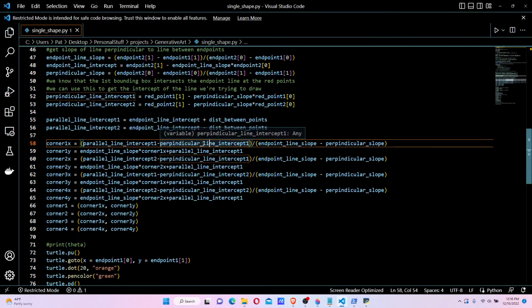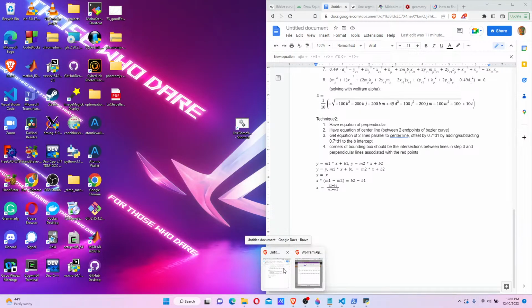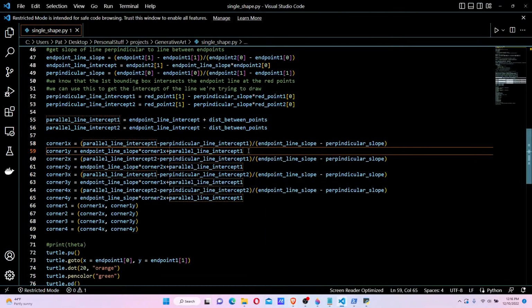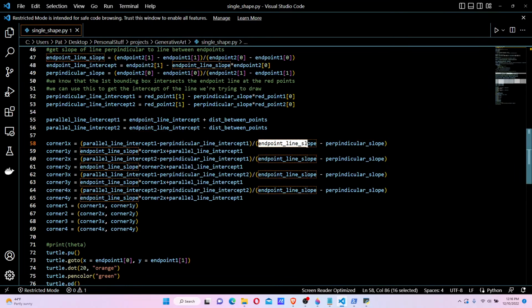So then you should do parallel line slope, oh, m1 minus m2. So then it should be perpendicular line slope minus endpoint line slope.